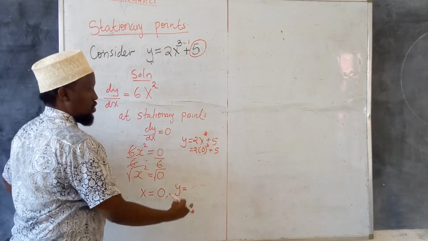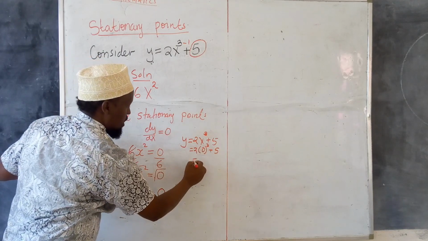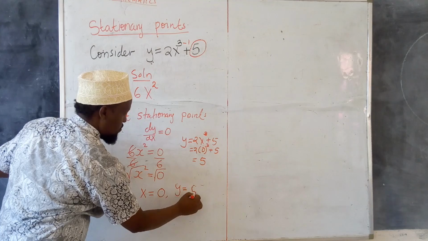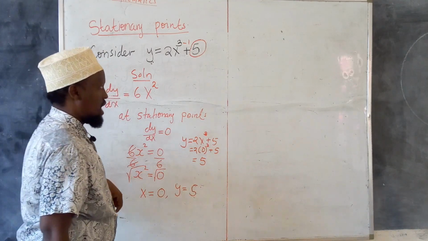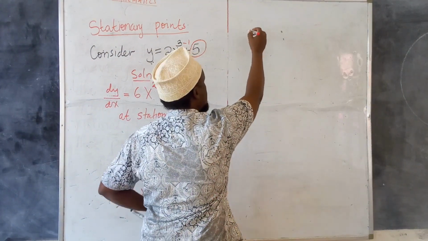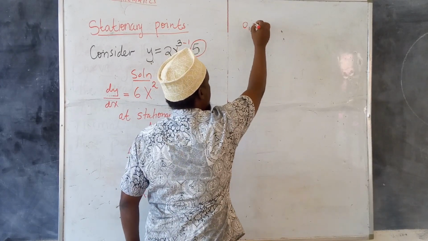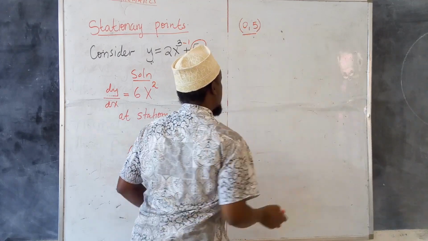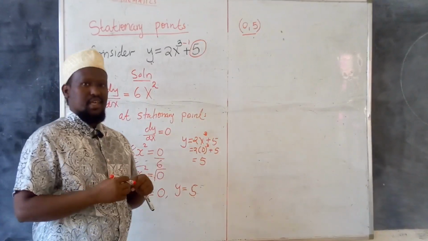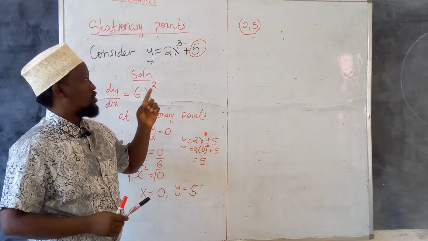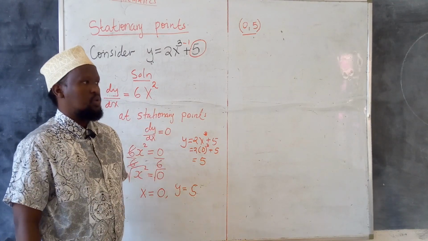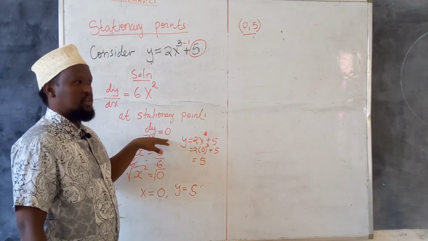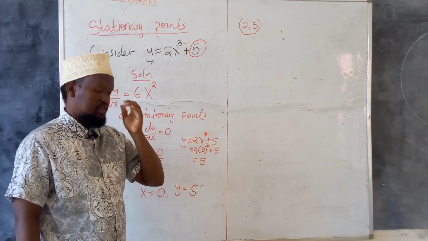We know 0 cubed is 0, times 2 we have 0, plus 5 we have 5. So when x is 0, the value of y is 5. Good. Now we have the stationary point as (0, 5). And we know that at stationary points, the gradient is always equal to 0.